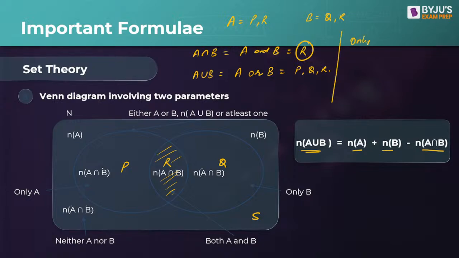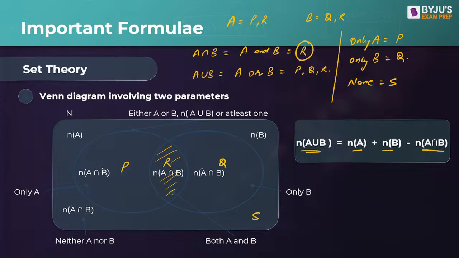If the question is asking only A, the region which has only A and not B, that will be P. For only B, it will be Q. For none of A and B, it will be the region S. This is a very important thing: you need to identify each and every region.